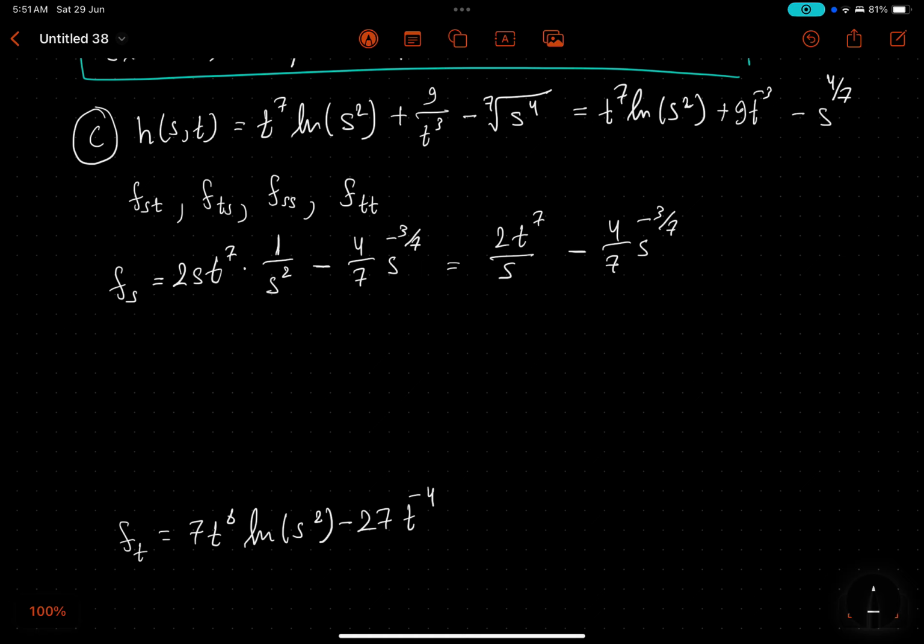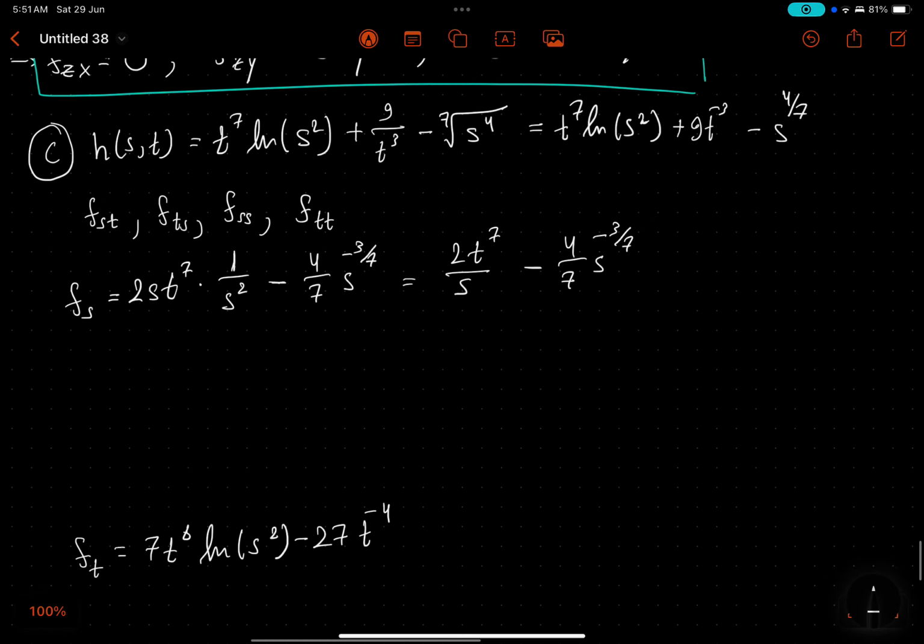Now from this we can rewrite this as 2t to the 7 s to the negative 1 minus 4 over 7 s to the negative 3 over 7 to make it easier to differentiate. So now the partial derivative with s first, and then we do with s again.